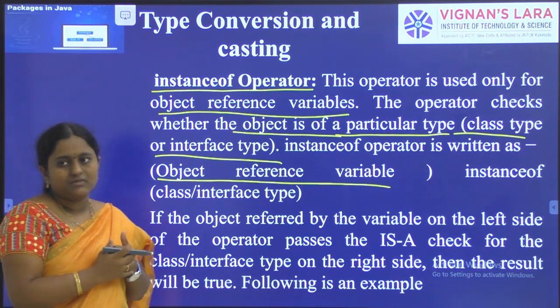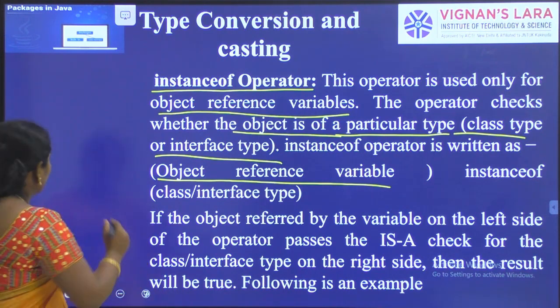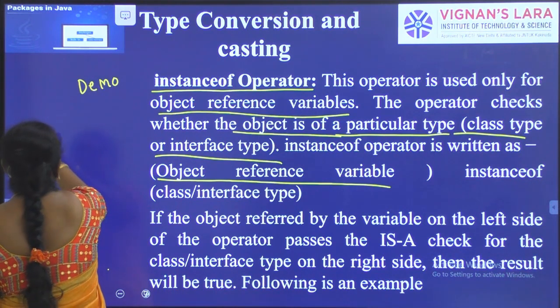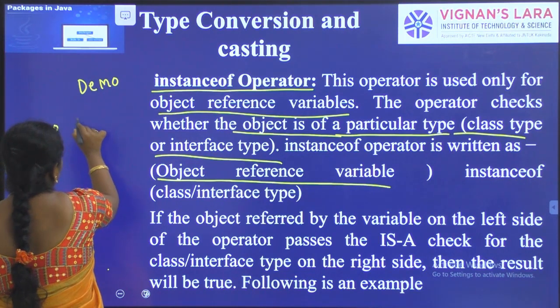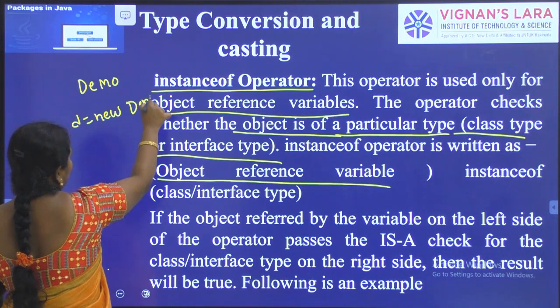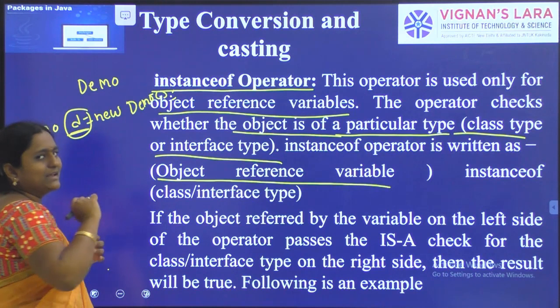Suppose I am creating one object. For example, class Demo. In this Demo class, I create an object: Demo d = new Demo(). So in this one, what is our object name or reference variable? d.